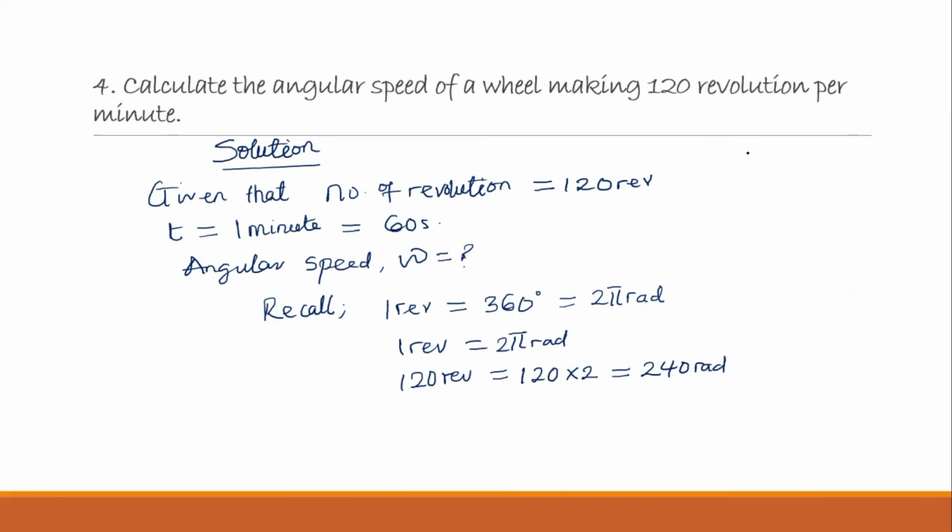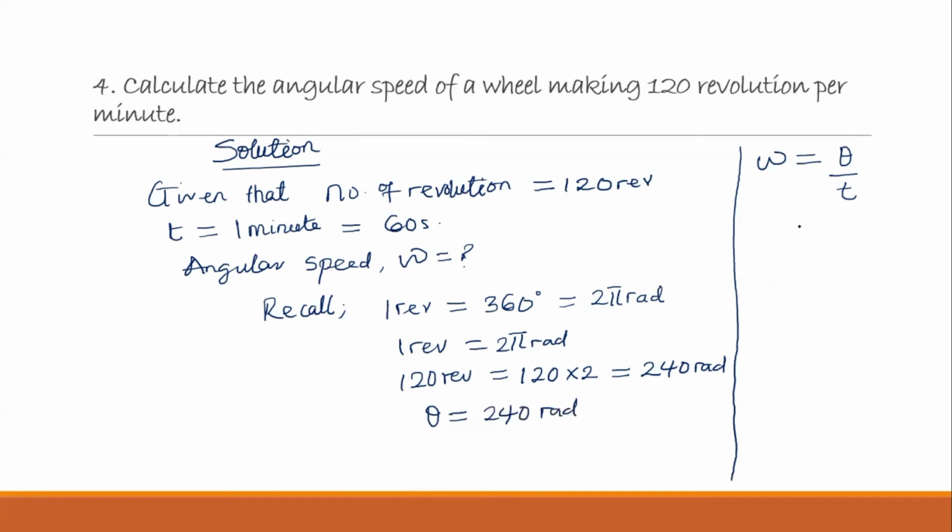So having gotten this, recall we have the formula that omega is equal to angular displacement all over time. So your angular displacement theta is now equal to 240 pi rad.